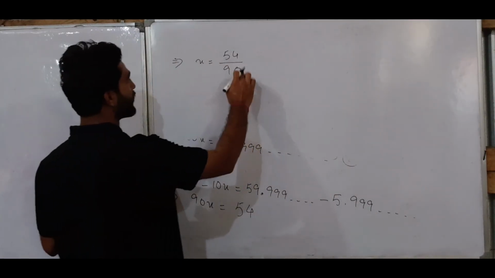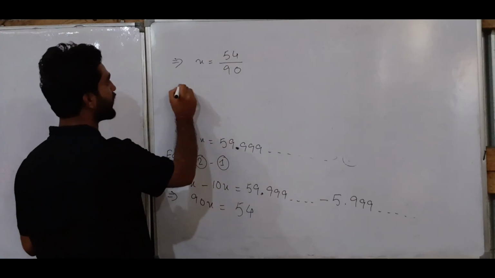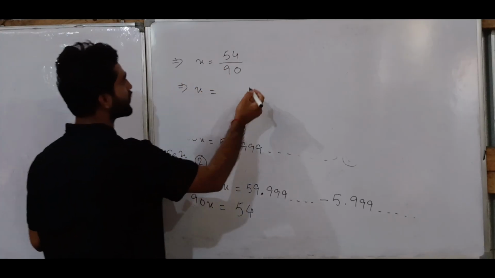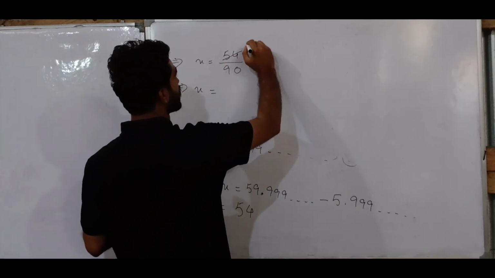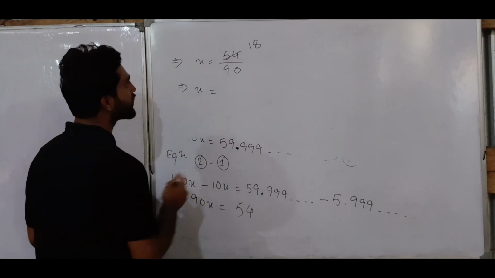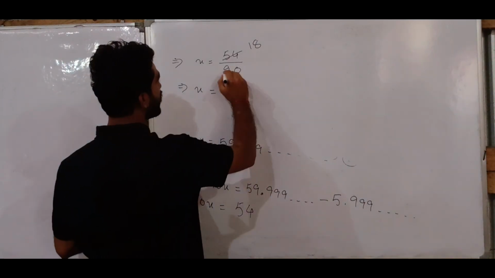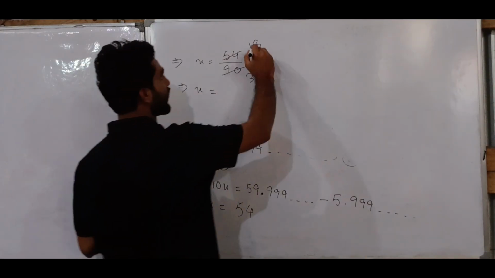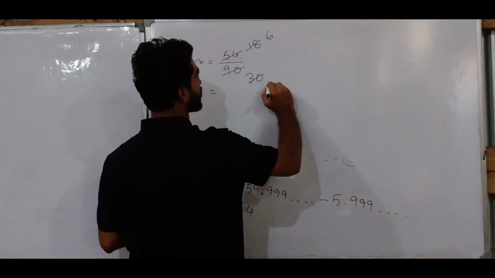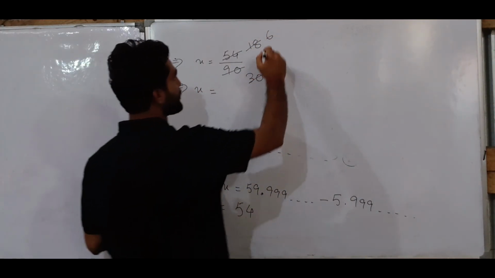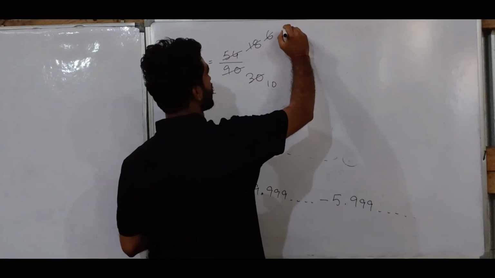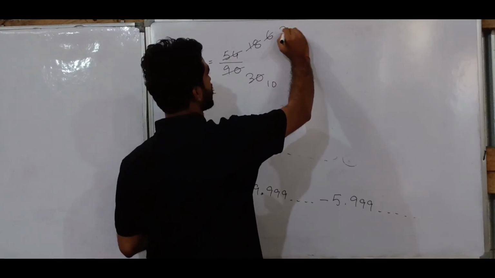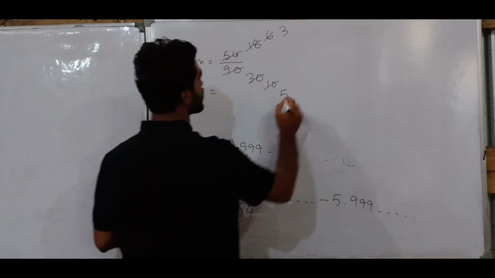Again, both the numbers are divisible by 3. So 5 plus 4 is 9. 3 18s are 54, 30, again 3 6s, 3 10s, again 3 2s are 6, 5 2s are 10.